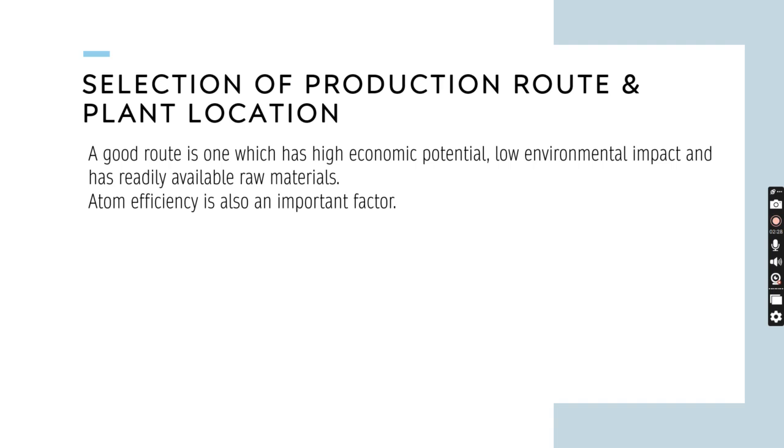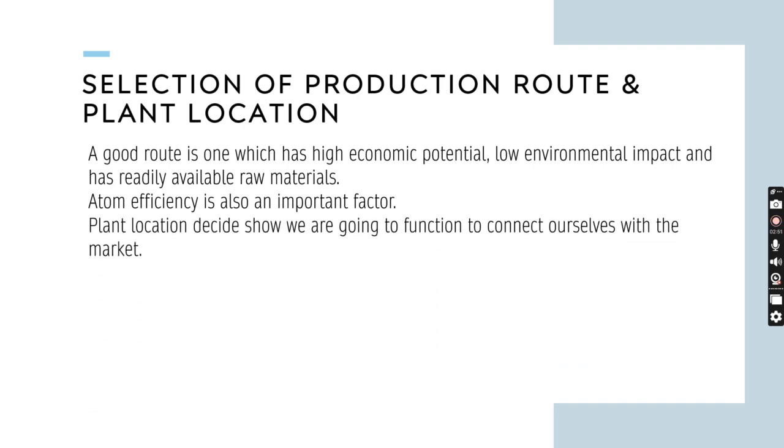So from the raw material, how many atoms are combined to produce the product. If there is a high atom efficiency, then there will be less generation of waste. Atom efficiency matters because if waste generation is less, the waste handling becomes easy, and it also reduces your operation cost.